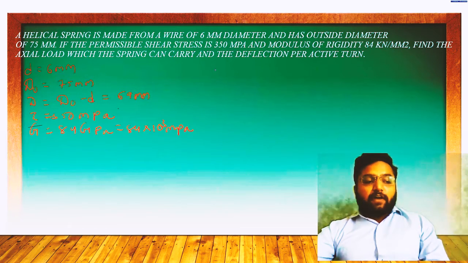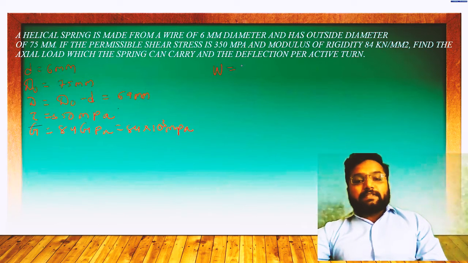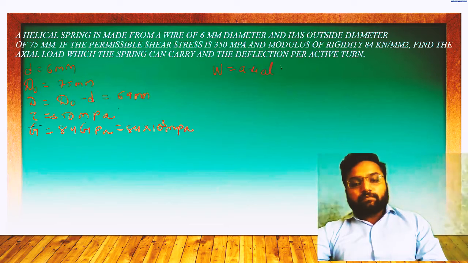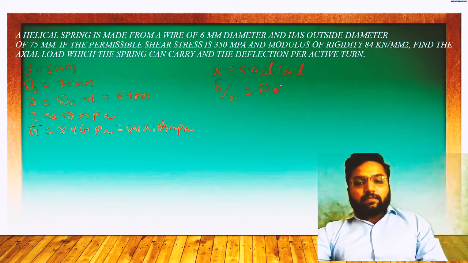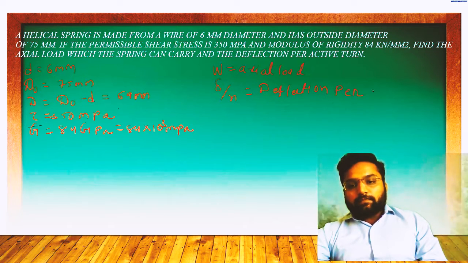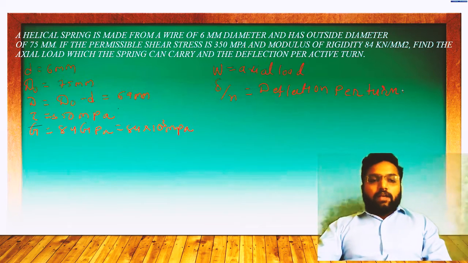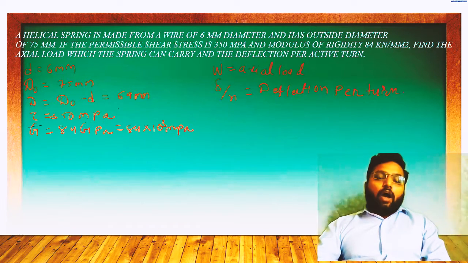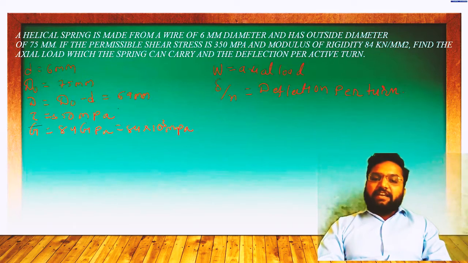So what we have to find first is W for both cases, which is the axial load, and another is deflection divided by N, which is our deflection per turn, delta by n.